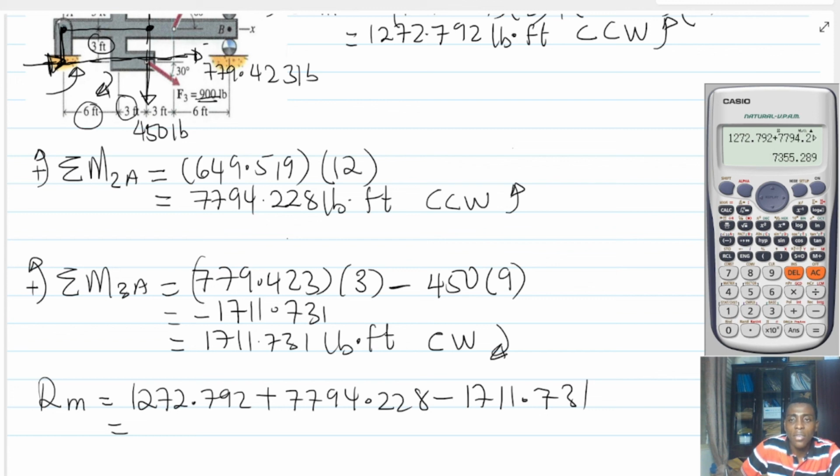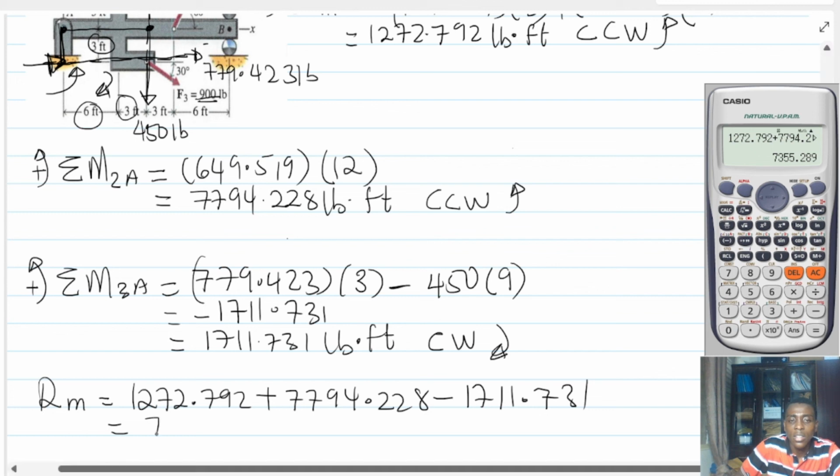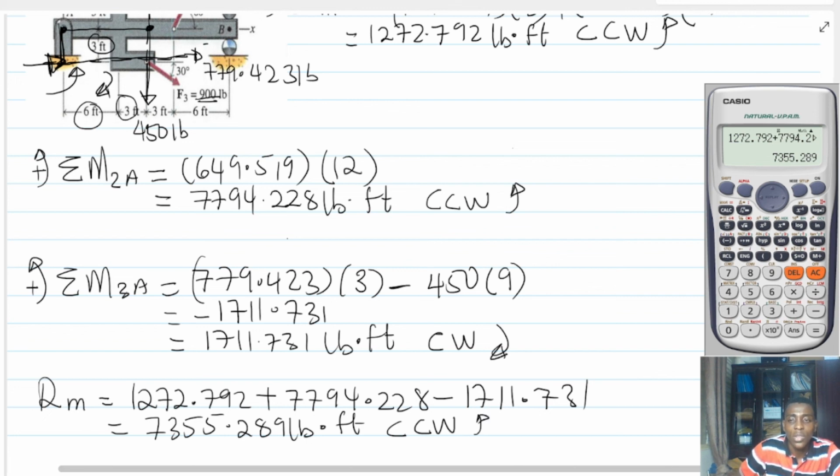And that is 7355.289. But this moment is going to be counterclockwise because it is actually positive.